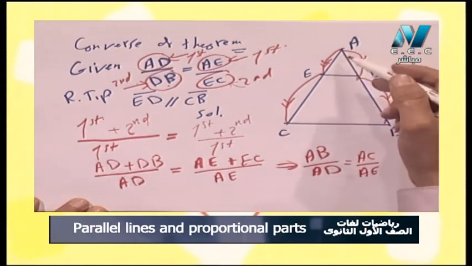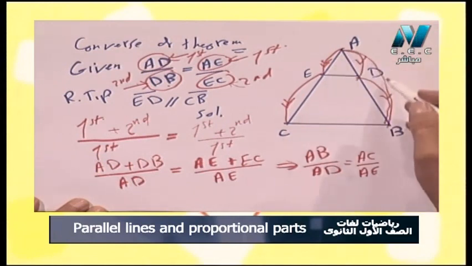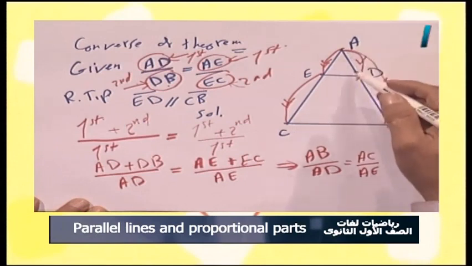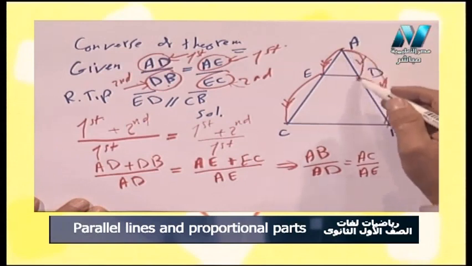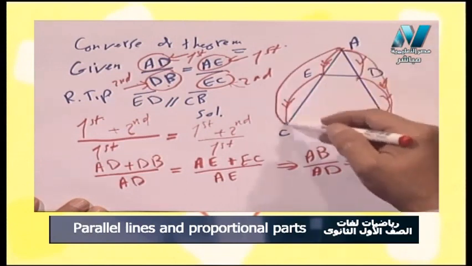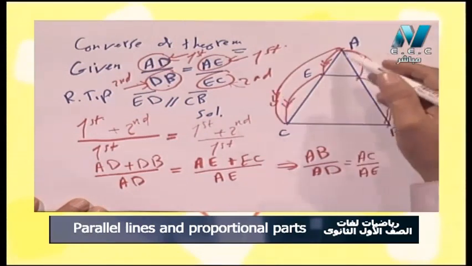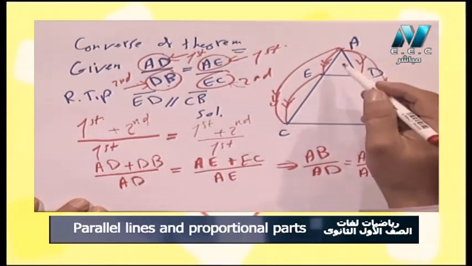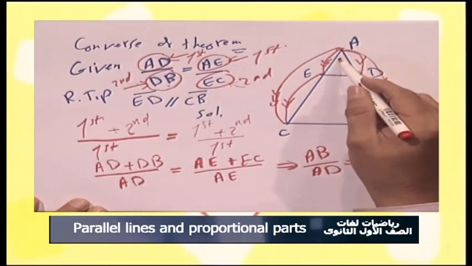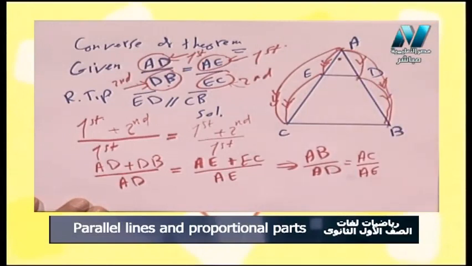So AB over AD and AC over AE, and we have here a common vertex or a common angle.